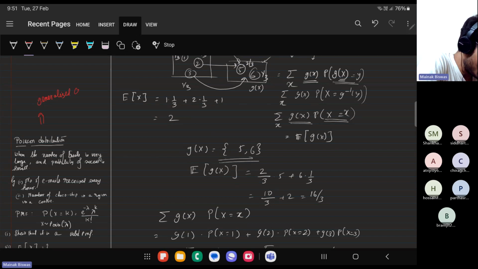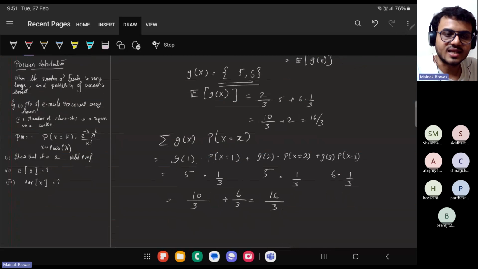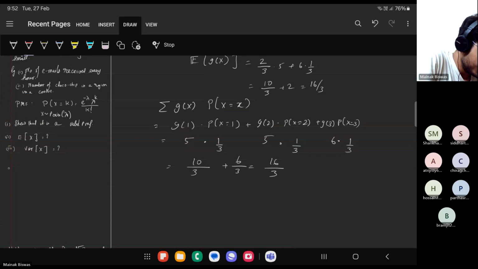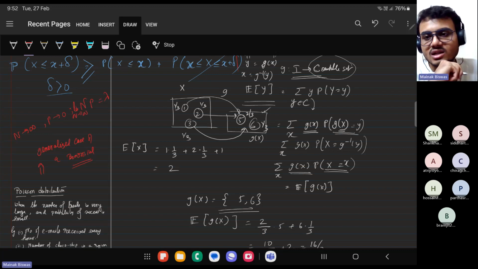Generalized case of a binomial, where N goes to infinity and P goes to 0, and NP goes to lambda, some constant lambda.